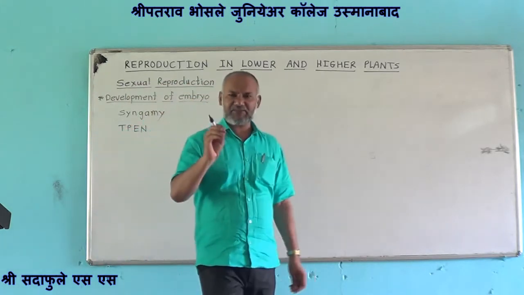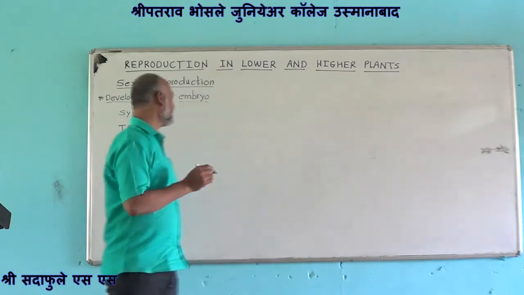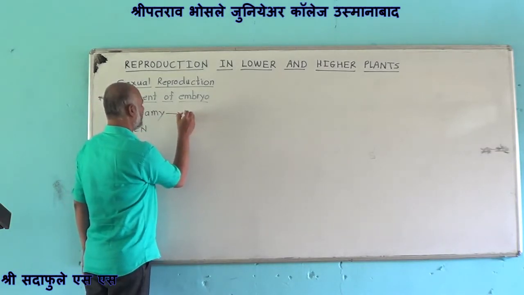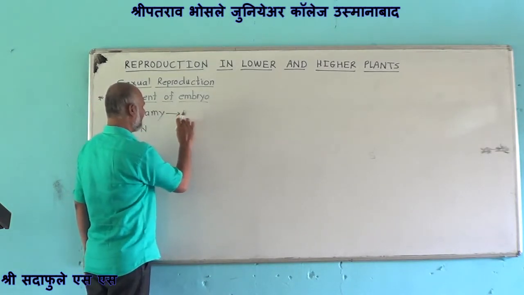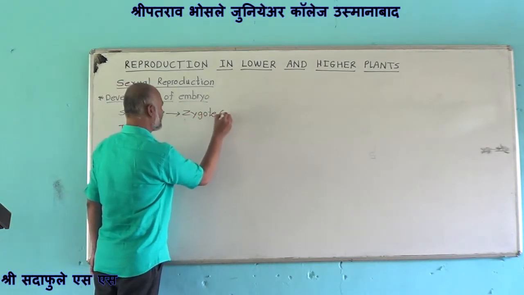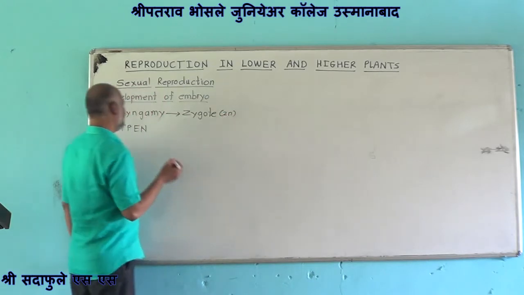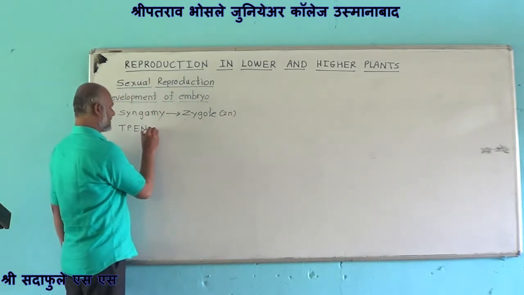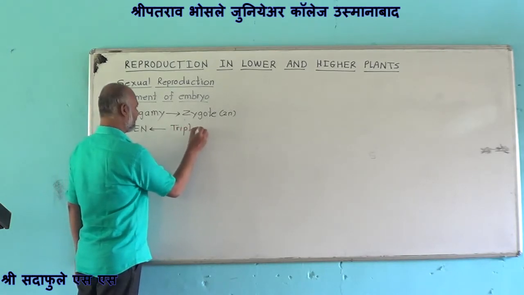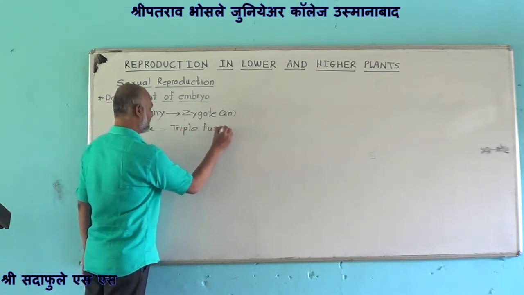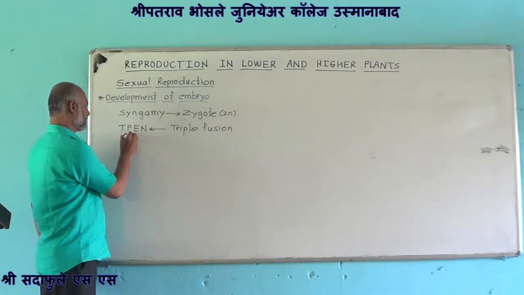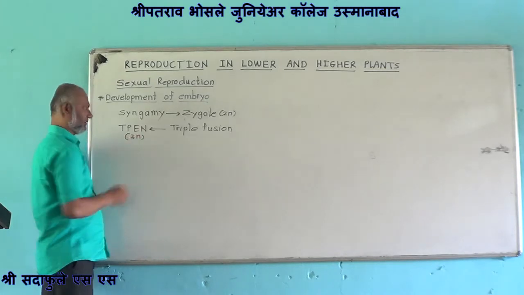So it is the result of double fertilization. Syngamy results in formation of the zygote, which is diploid, and triple fusion results in formation of the triploid primary endosperm nucleus. Okay.